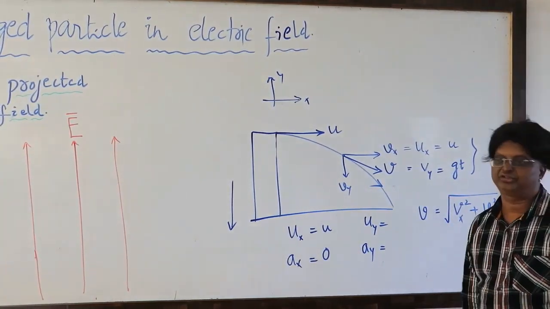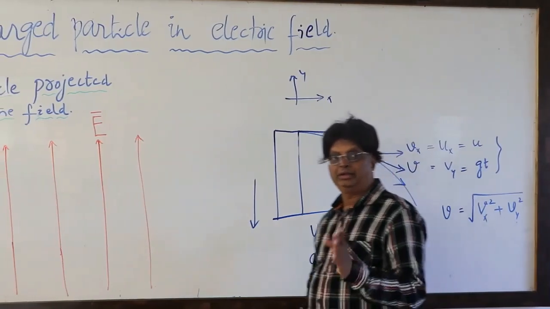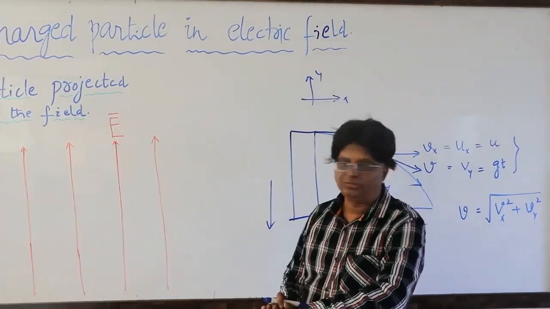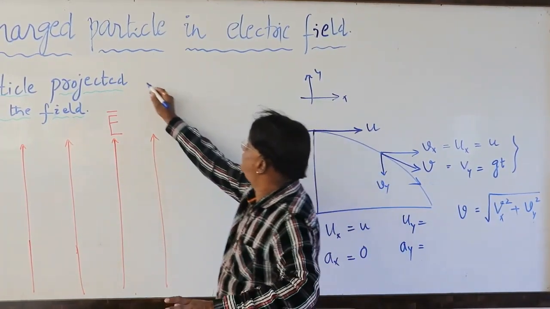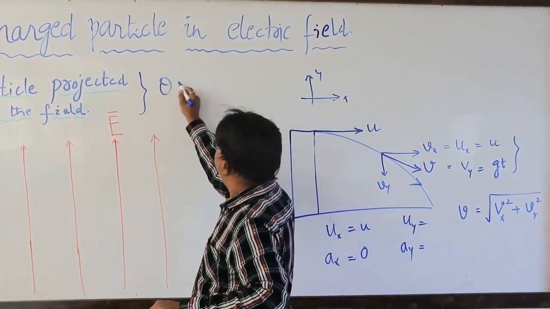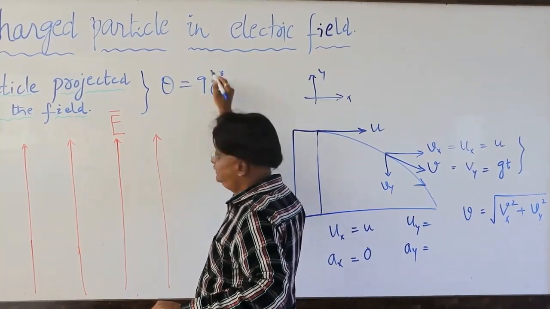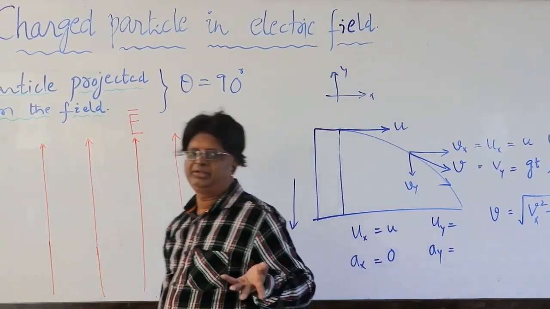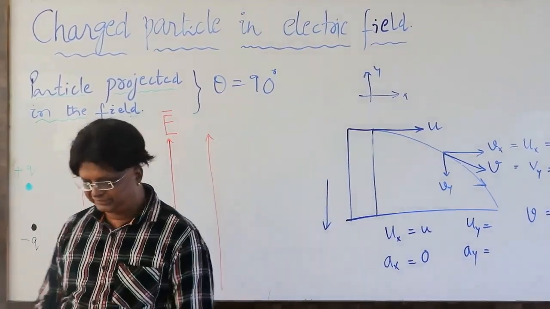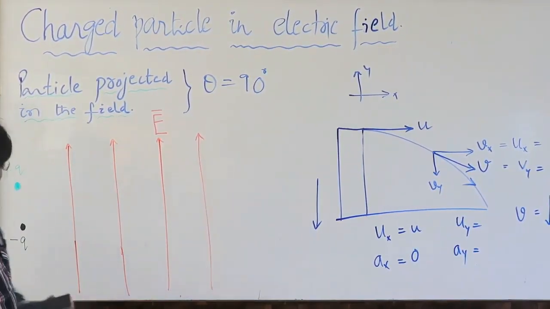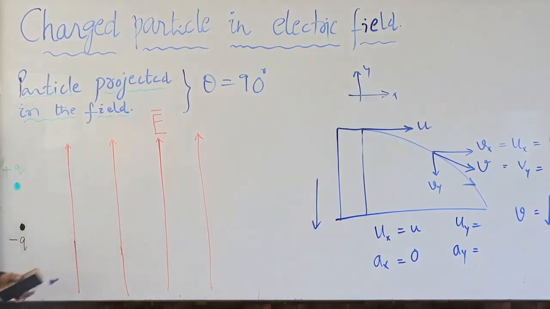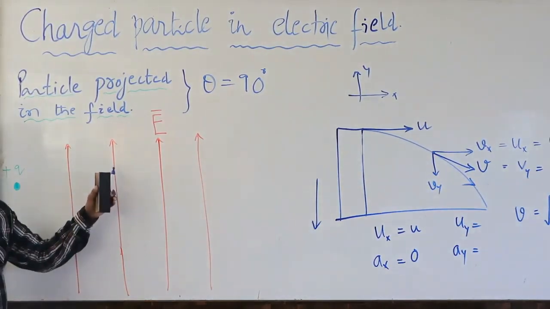Now the same discussion I would like to do with the electric field as well. How? See, now I am taking the case of theta equal to 0 degrees. Projected such that theta is 90 degrees. Again, we will discuss the positive charges, negative charges, and all this discussion will go on. Now, come to this discussion. Here you will find the electric field I have shown vertically upwards.